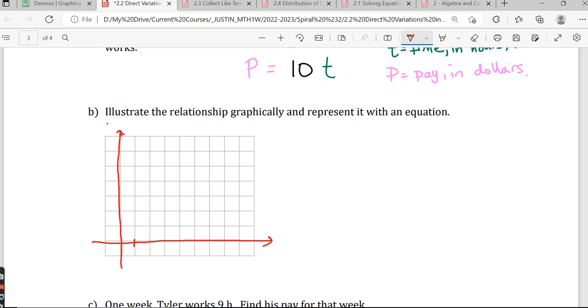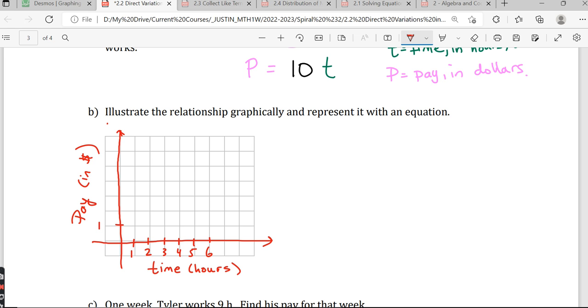So down here, we have to label whatever the independent variable is, which in this case is time. So 1 hour, 2 hours, 3 hours, 4 hours, 5 hours, 6 hours. So time in hours. Okay? And then over here, we have pay in dollars.